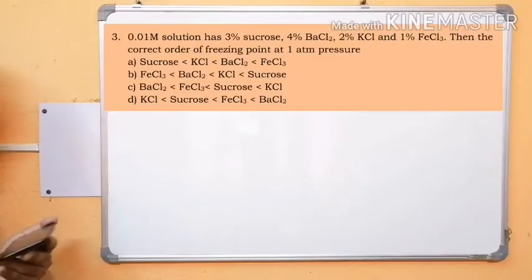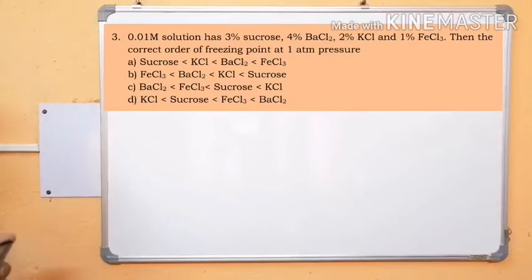The third question is, 0.01 molar solution has 3% sucrose, 4% barium chloride, 2% potassium chloride, 1% ferric chloride. Then the correct order of freezing point at 1 atm pressure. Now what we know is the freezing point gets depressed, that means there is lowering of freezing point.